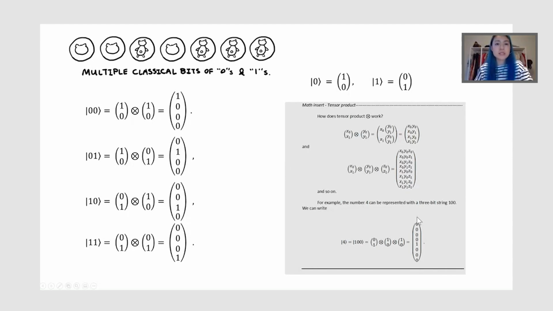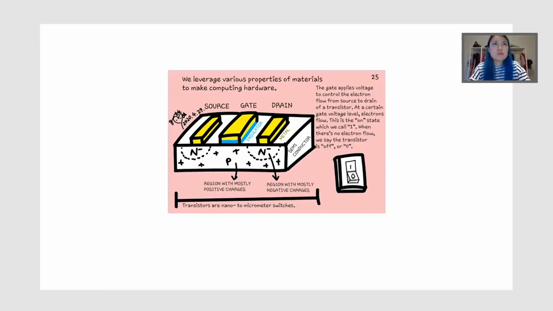We're still talking about classical bits, and to implement that in hardware, we use transistors. That is basically a sandwich of semiconductors with metal gates and insulators. You can form these regions that are filled with electrons, mostly positive or negative charges.